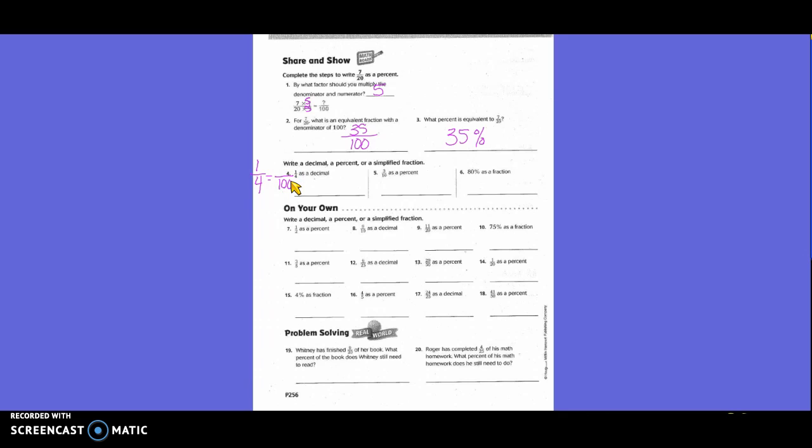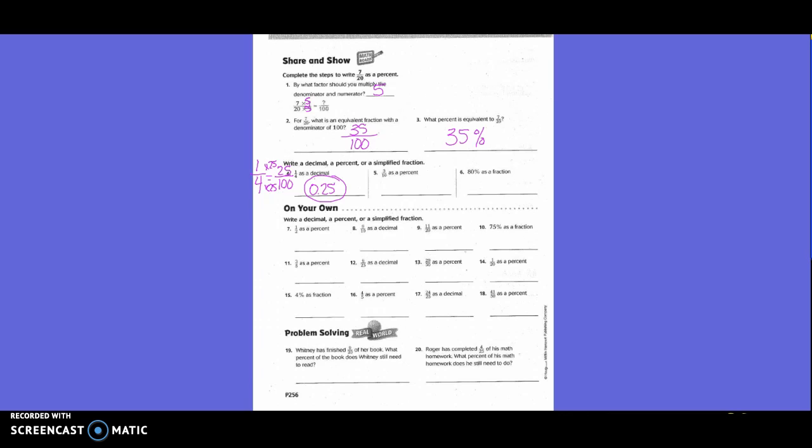So how do I get from 4 to 100? Times 25. So what I do on the bottom, I also do on the top. So 1 times 25 is 25. So how do I write that as a decimal? 0.25. It also says 25 hundredths.